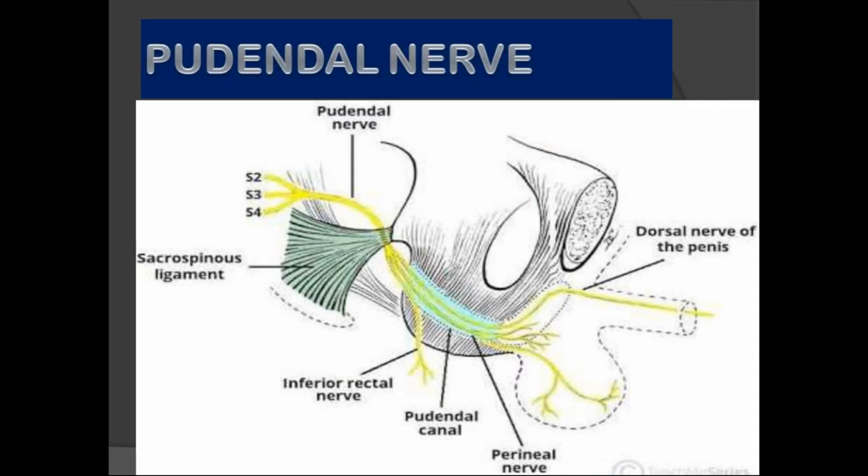So you can see the pudendal nerve. The pudendal nerve arises from the sacral plexus, root value S2, S3, S4. The main nerve of the perineum is the pudendal nerve.